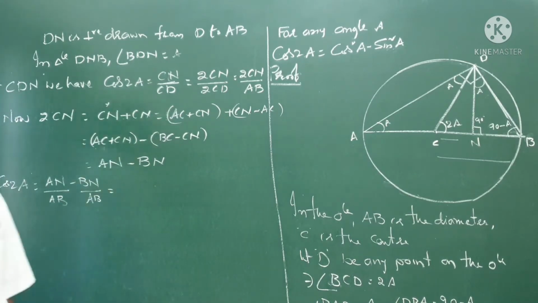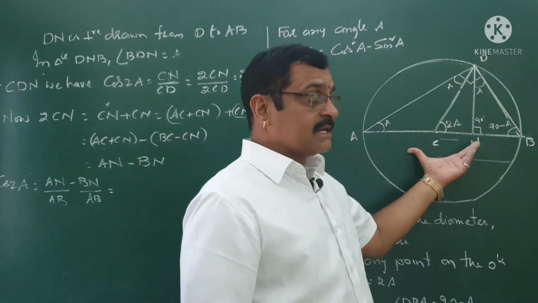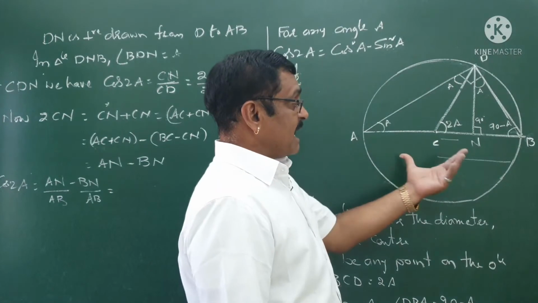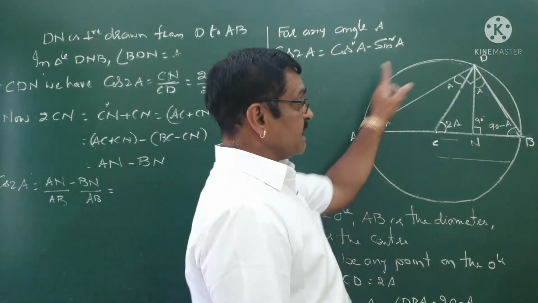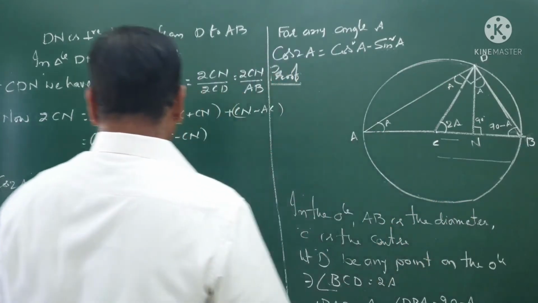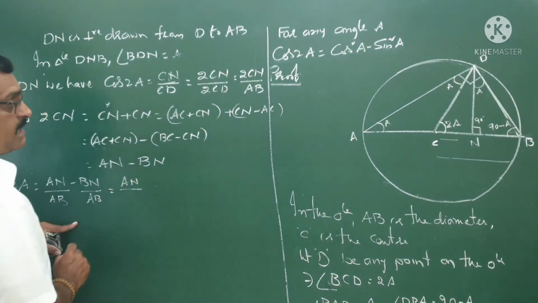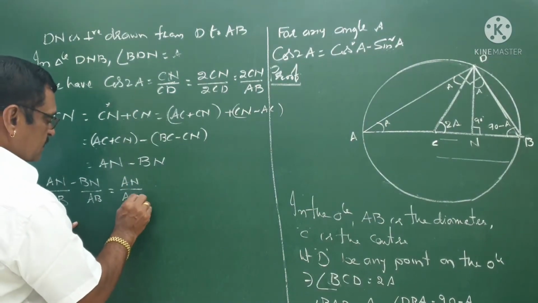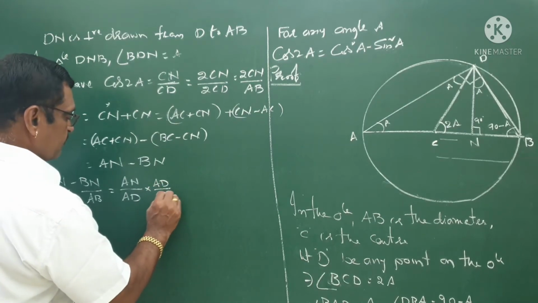Now here I do one more multiplication. AN, where is AN? This is AN. My AN is the adjacent side for angle A. If I have AD, I can write it as cos. So I multiply AN by AD times AD by AB.